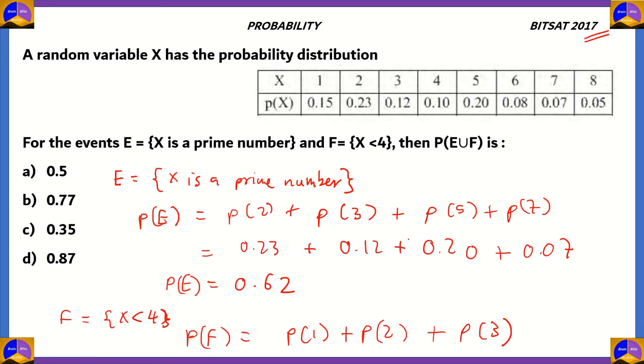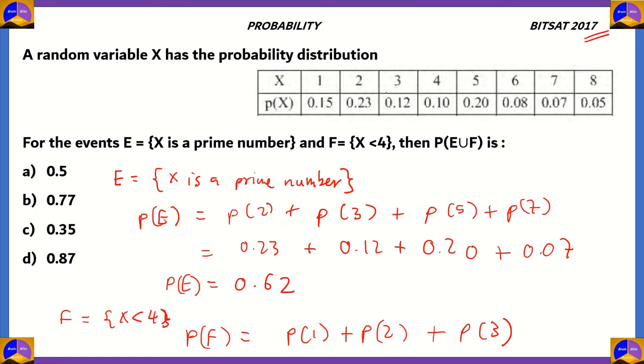So now let's add those probabilities. So P of F will now be equal to 0.15 plus 0.23 plus 0.12.